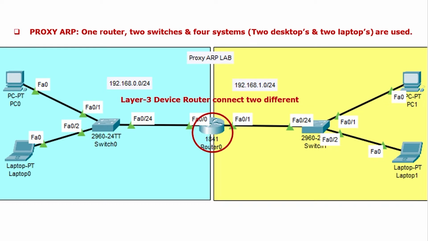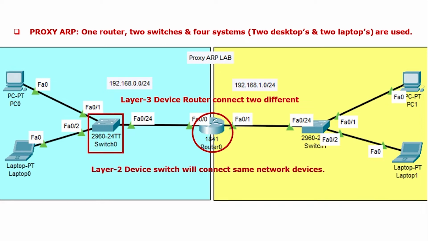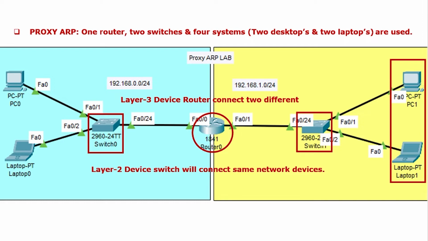So I am using 1841 router that will contains 2 fast Ethernet 0/0 and fast Ethernet 0/1. And I have taken the 2960 Cisco Catalyst switch series for local area network. That is, one is for 192.168.0 network, another one is for 192.168.1 network. I have taken the 2 computers and the 2 laptops in the respective networks.